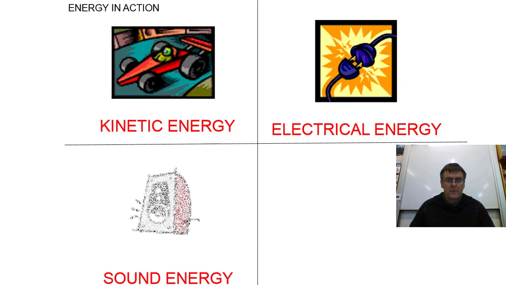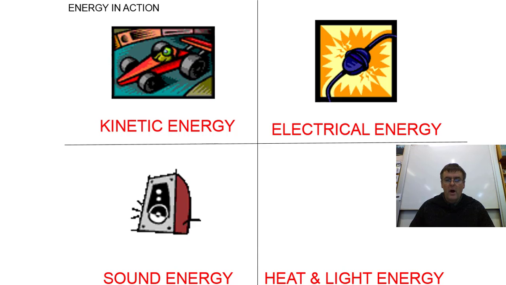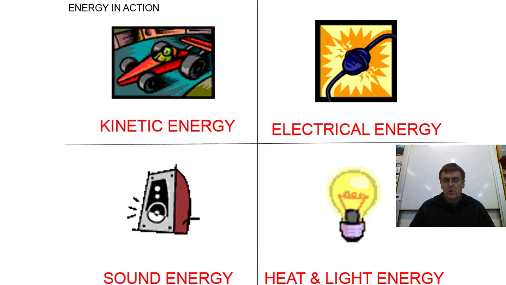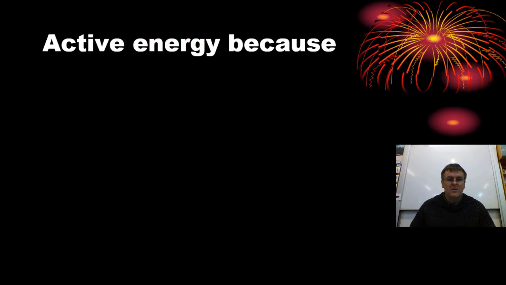Sound energy. You're hearing my voice through sound waves travelling to you. That's sound energy. Heat and light. Okay, light bulb goes on, you can see the light waves are travelling to you. Heat from the heater, from the sun, that's heat energy travelling to you.